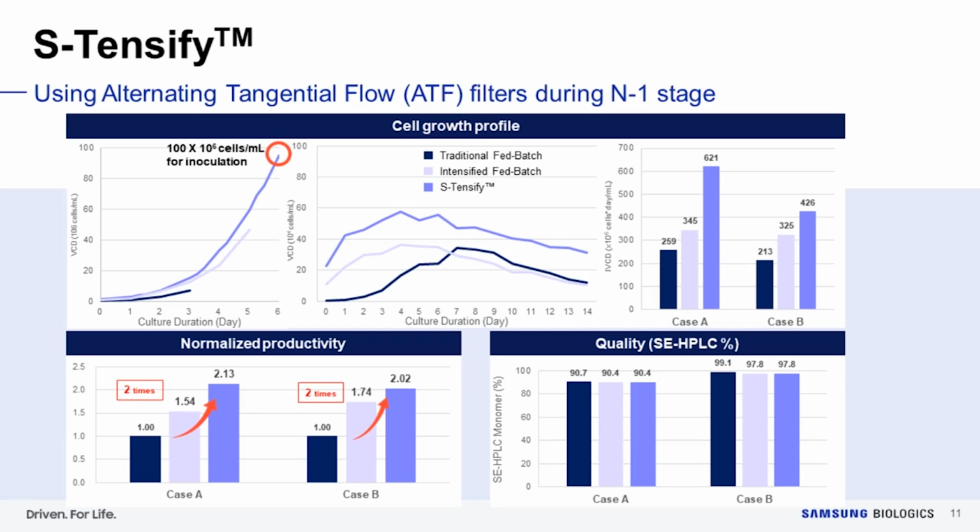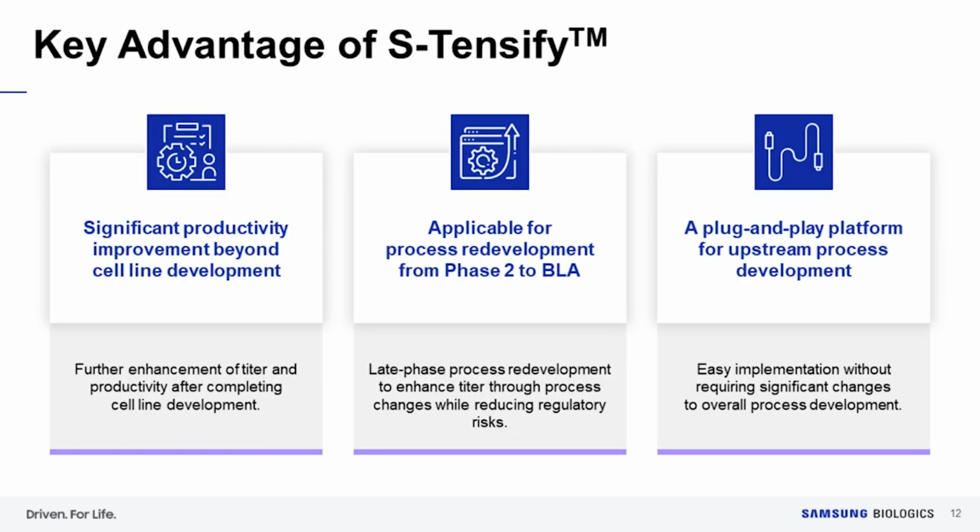And also importantly, this productivity boost was achieved while maintaining the quality of the antibody produced, which demonstrates that S-Tensify can enhance both efficiency and quality in biopharmaceutical manufacturing. Overall, it is clear that S-Tensify is robust enough to overcome the traditional fed batch process.